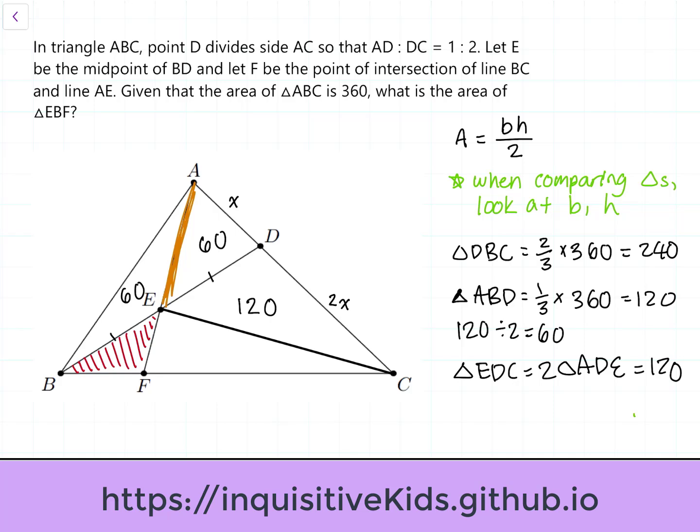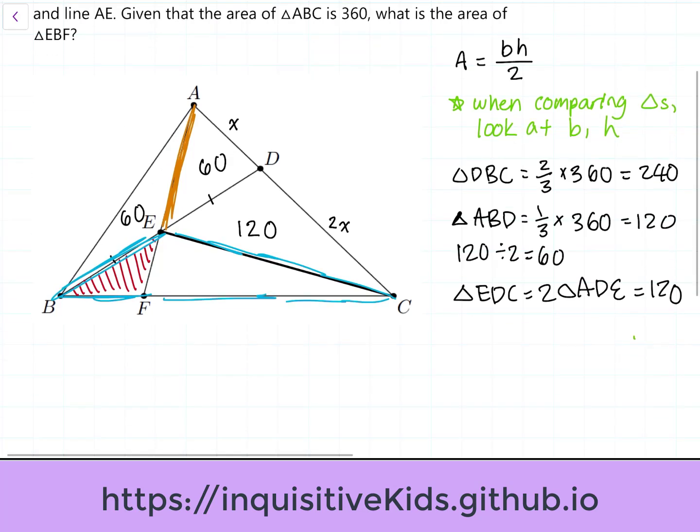So we only know that this blue region here is equal to 120. But as you can see, we are getting closer and closer to finding out triangle EBF. So what is the area of triangle ECF? Well, remember, in the very beginning, we were able to find out so many areas of smaller triangles because we had 2 things.